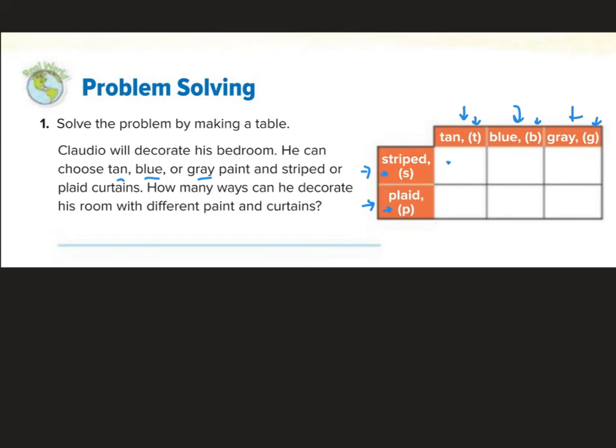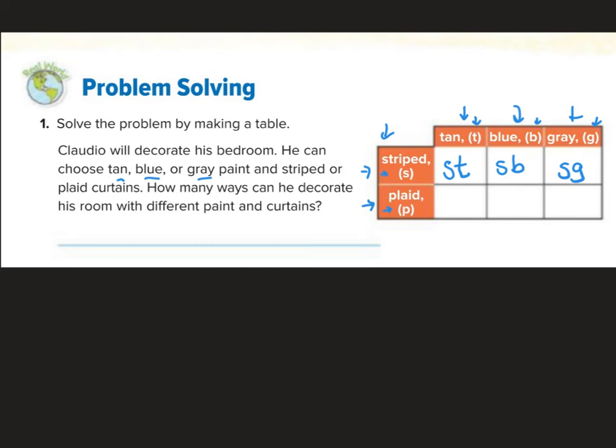That means we don't have to write out all the words, which will be very nice. So let's see, we could have stripe tan, stripe blue, stripe gray. So it doesn't really matter. You could have done tan stripe, blue stripe, gray stripe. But just make sure you keep it consistent. So if we're going to start with the curtains, then we need to always start with the curtains.